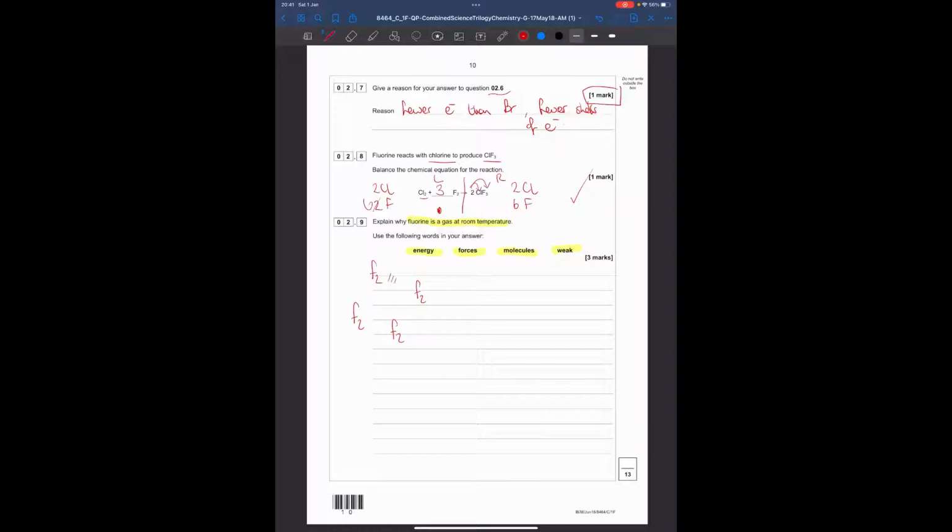Now, there would be forces between them, but because they are a gas at room temperature, we can think about how strong those forces are going to be. And we can look at the words we've been given, identify we've got weak and forces. So the question is pretty much telling us fluorine has weak forces.